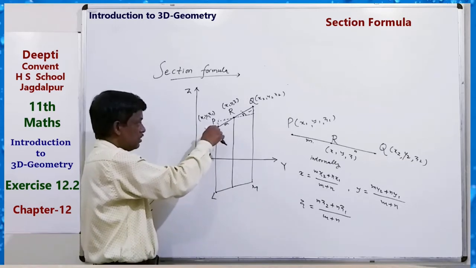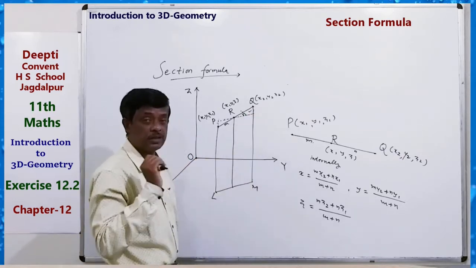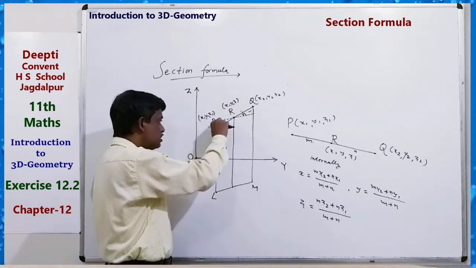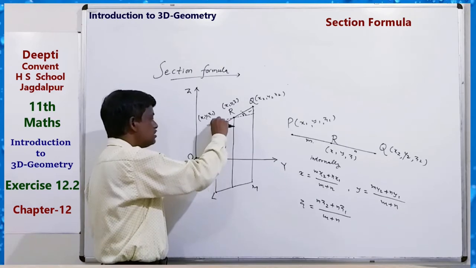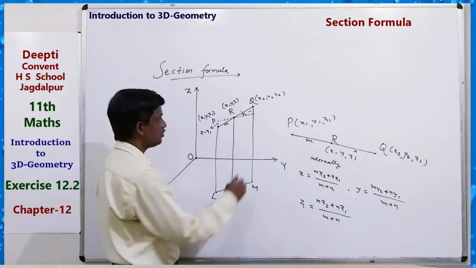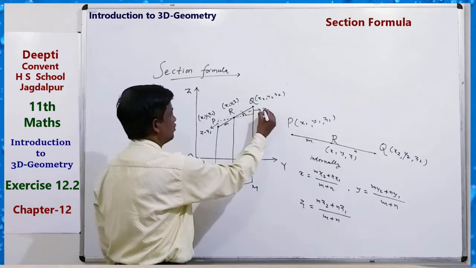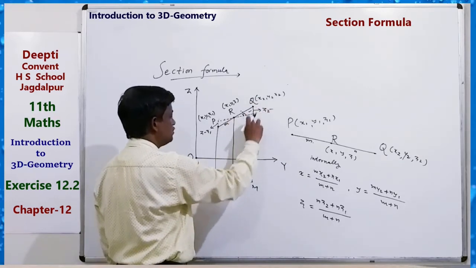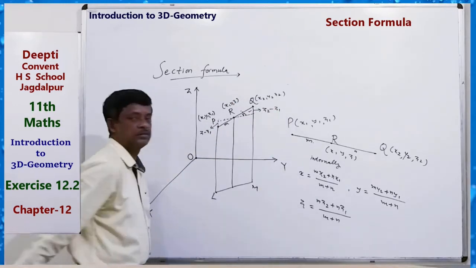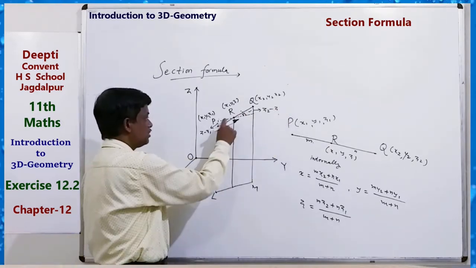Here this value is z1, this value is z2, and this value is z, so this is z minus z1, and this is z2 minus z. So these two are similar.